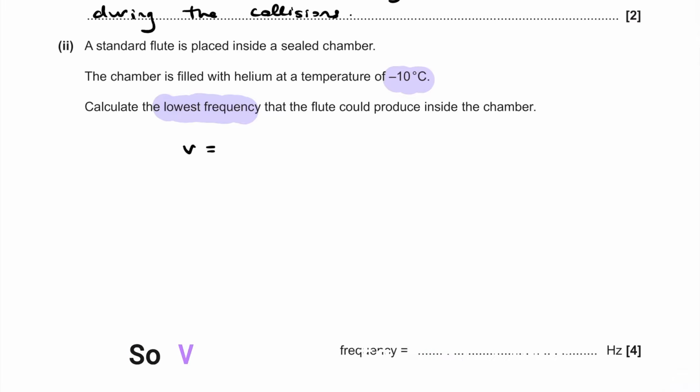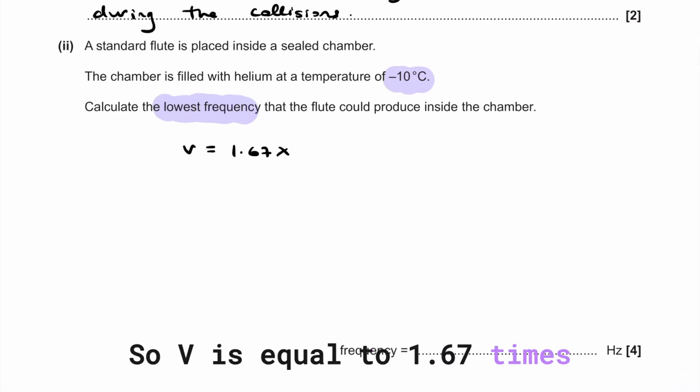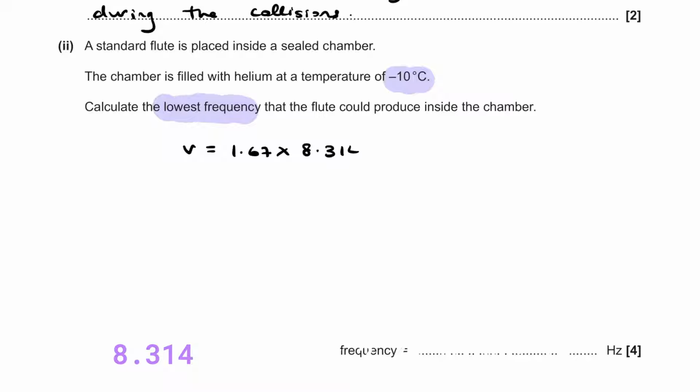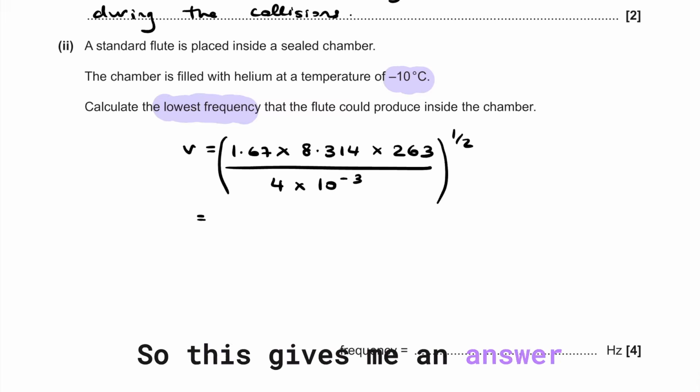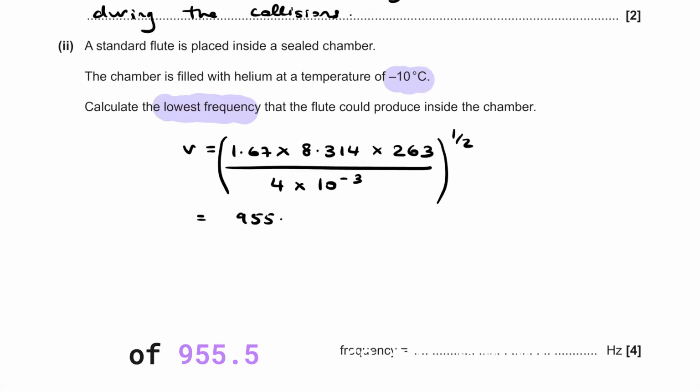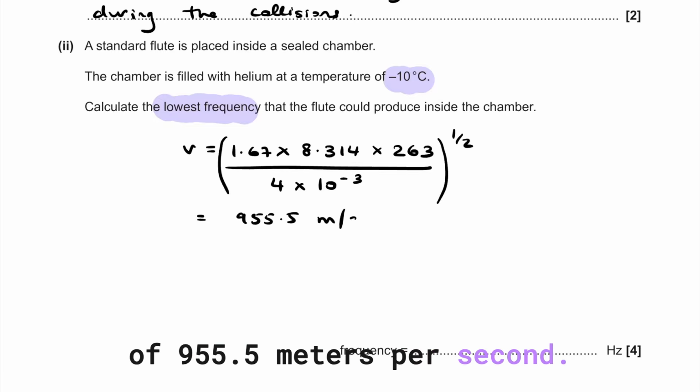We're going to use these values in the formula. So v is equal to the square root of 1.67 times 8.314 times 273 minus 10, so 263 kelvins, divided by 4, converted into kilograms per mole. This gives me an answer of 955.5 meters per second.